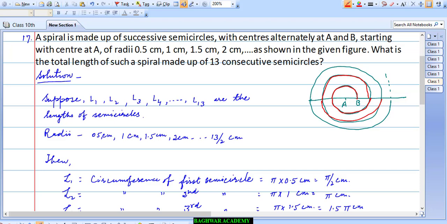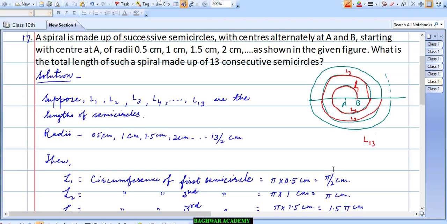So alternately, if you assume centers A and B, you get semicircles. Suppose this is L1, this is L2, this is L3 and L4, and so on up to L13.